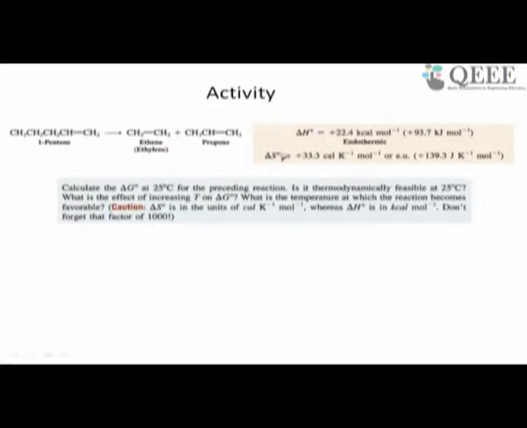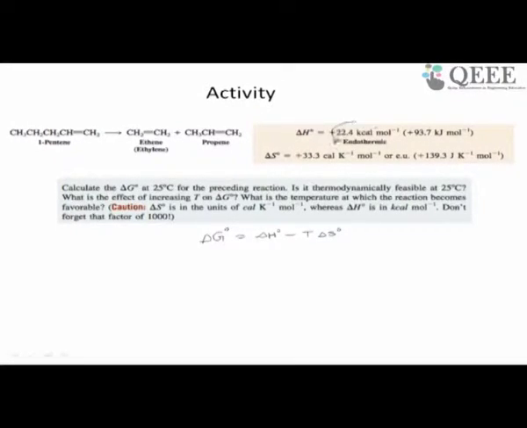I already gave you the answer that at room temperature this reaction is not favorable, which means that if you increase the temperature, the T delta S term starts to matter. Delta G equals delta H minus T delta S. At room temperature, whatever delta H is, that is what is deciding. We will do that calculation also. Just take a minute and try for yourself. I'll of course do it too, but I want you to try first.